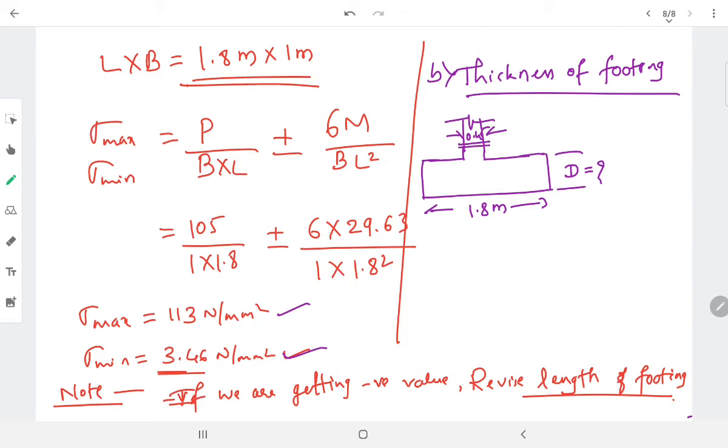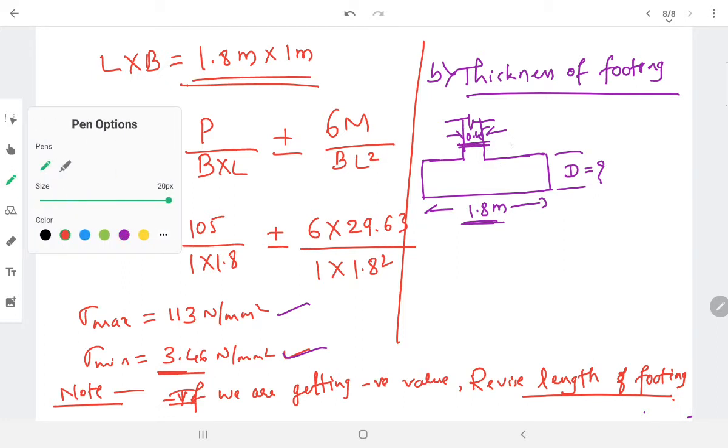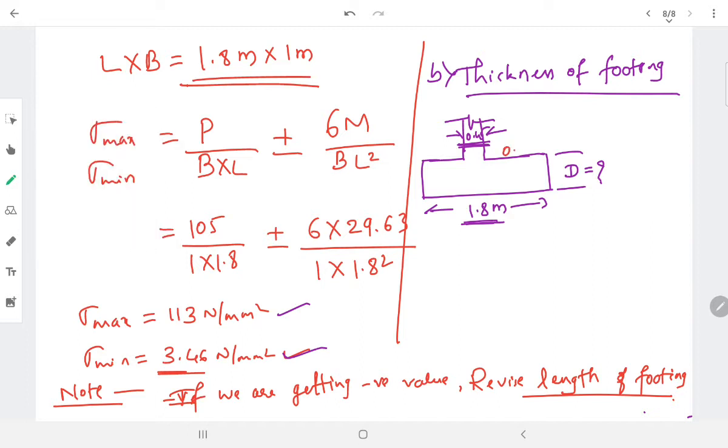So the highest width of the column should be in parallel with the highest width of the footing. So calculate on either side. It is 1.8 meter minus 0.45 meter. You get this one as 0.675 and here also it is 0.675. Then here draw the upward soil pressure diagram.